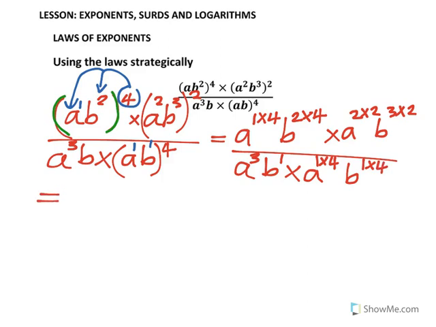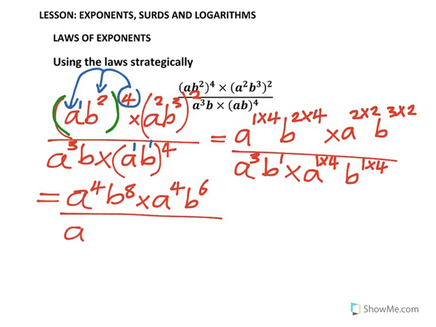If you continue to simplify that, a to the power 1 times 4, you will have a to the power 4 b to the power 8 times a to the power 4 b to the power 6, all over a to the power 3 b to the power 1 times a to the power 4 b to the power 4. Continue working on that.